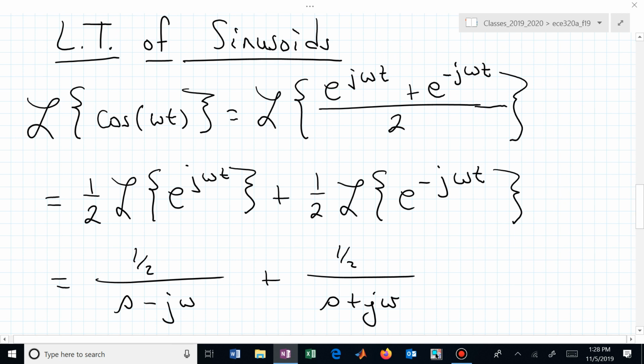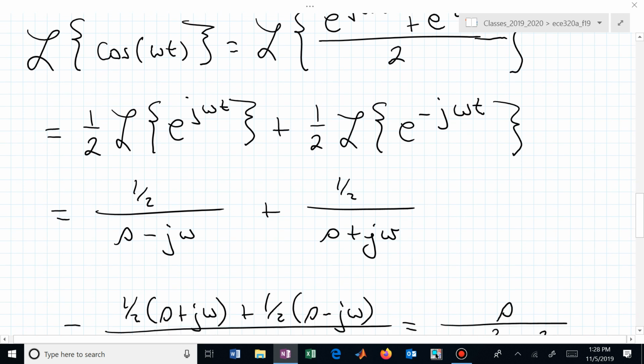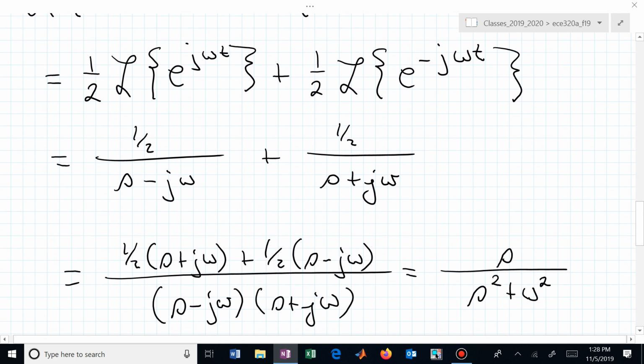Two different rows. We know that the Laplace transform of e to the j omega t is 1 over s minus j omega. We're scaling it by 1/2. Likewise for e to the minus j omega t. And if we obtain a common denominator, then these imaginary coefficients go away.